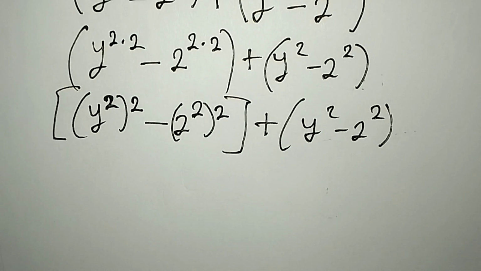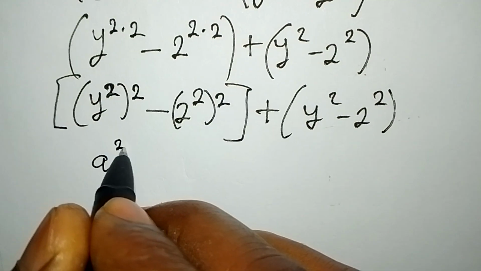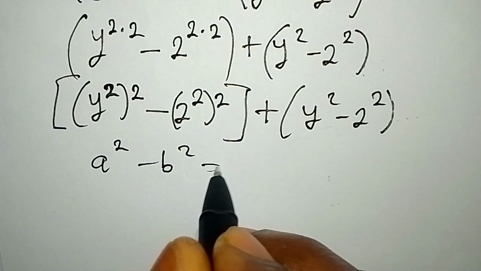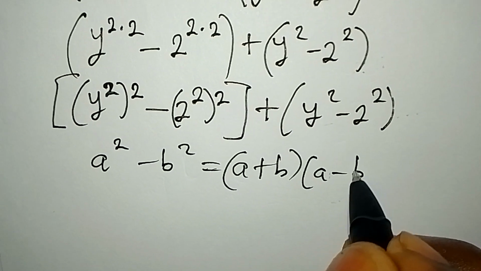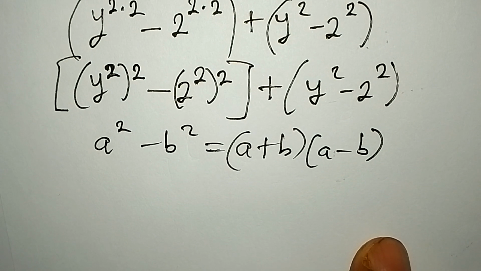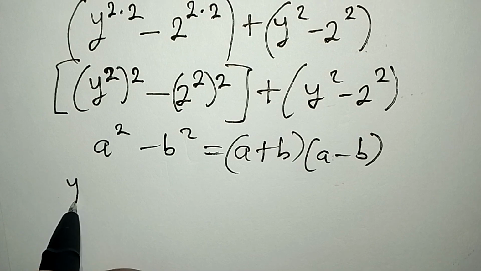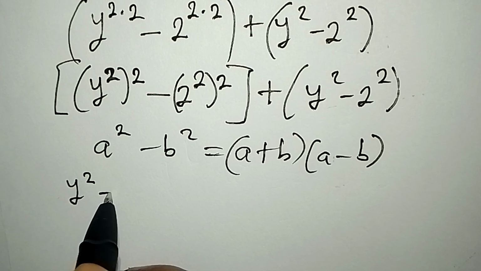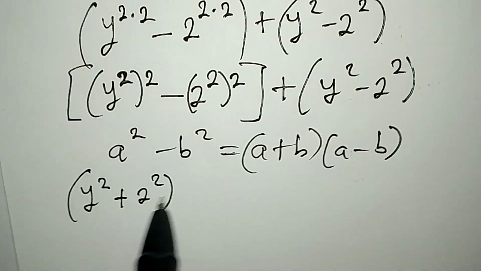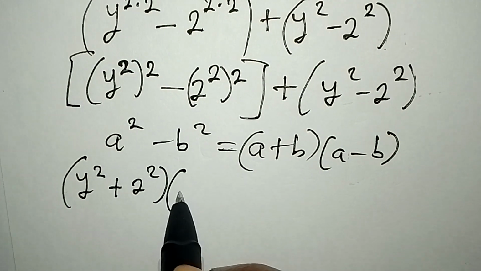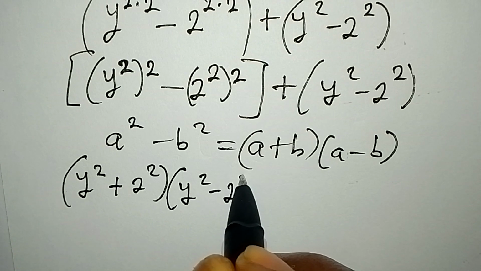This is simple. Now what do we do? Remember our difference of two squares: a squared minus b squared equals a plus b, a minus b. So I'm going to apply this same standard. From here, I'll be having y squared plus 2 squared into y squared minus 2 squared.